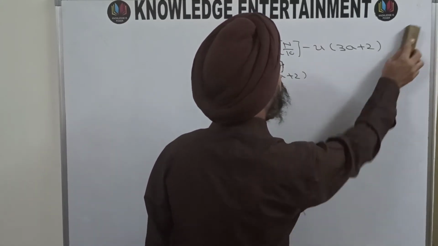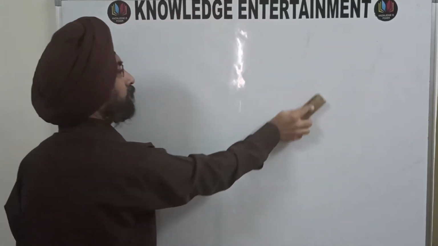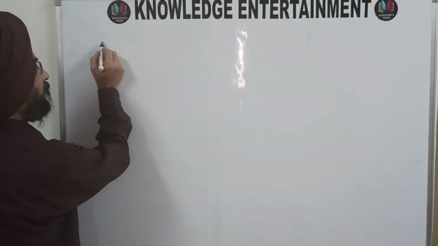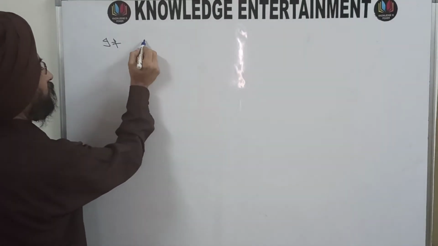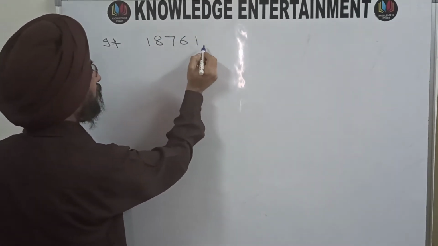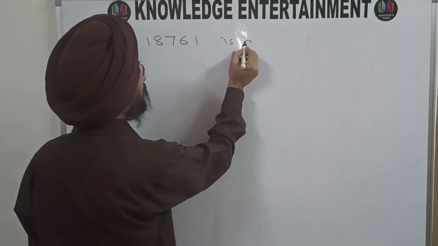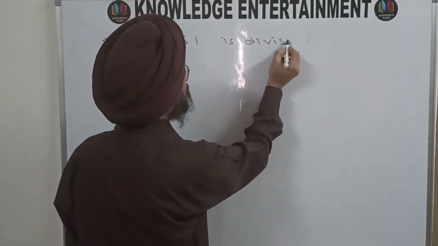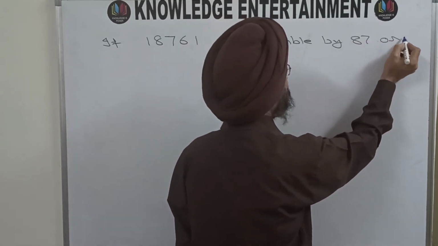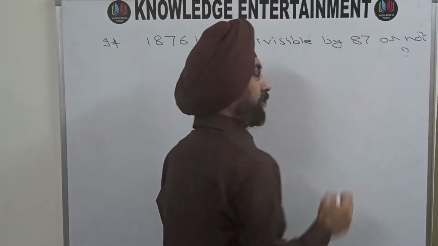So one example I'm going to take now. Suppose I want to check if 18761 is divisible by 87 or not.